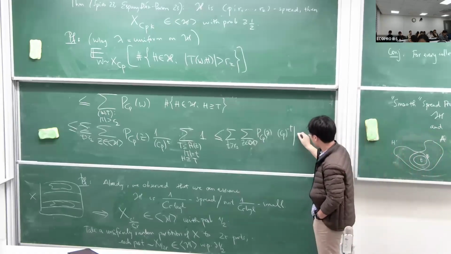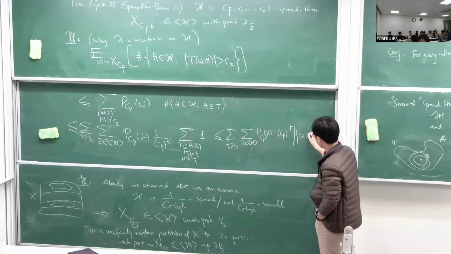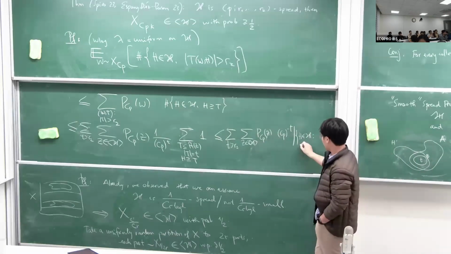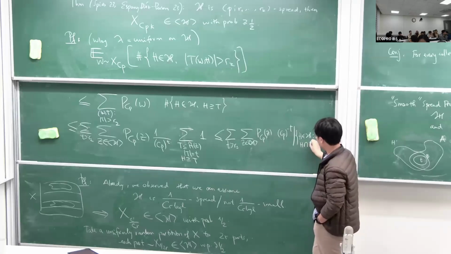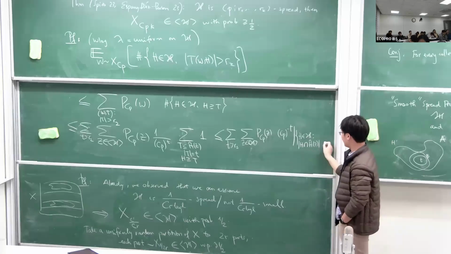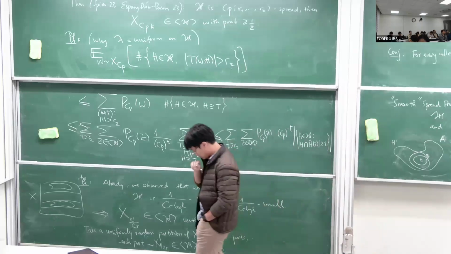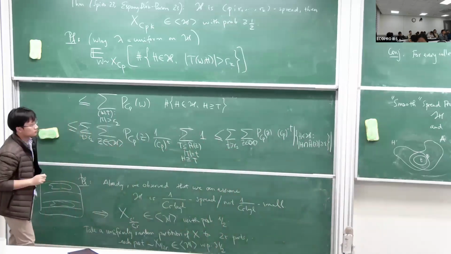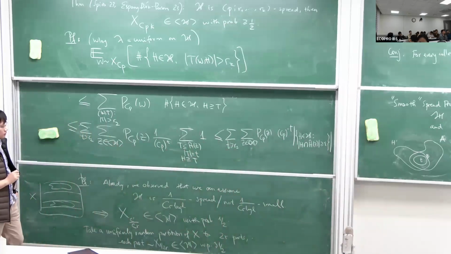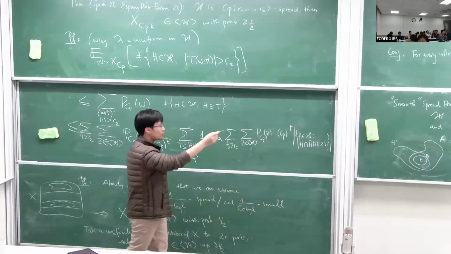So let me rewrite the last term as the number of sets H from the family H for which H intersected with H hat of Z has size at least T. Okay, the condition is stated for exactly T, but you can sum over T there if you wish.